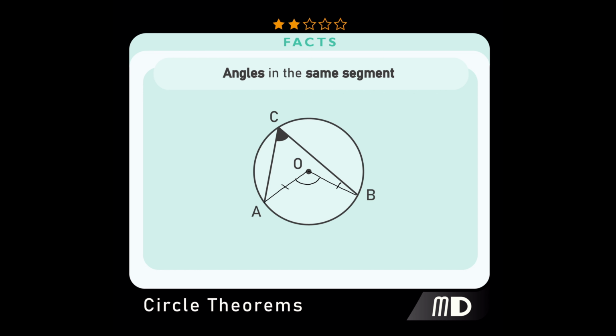Let's label this angle with the letter X. Let's also label the angle subtended at C, ACB, with the letter C. The angle at the centre, X, is twice the size of the angle C, which we can write as X equal to 2C.